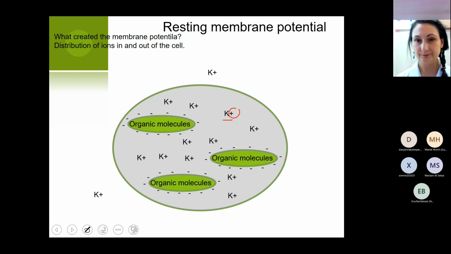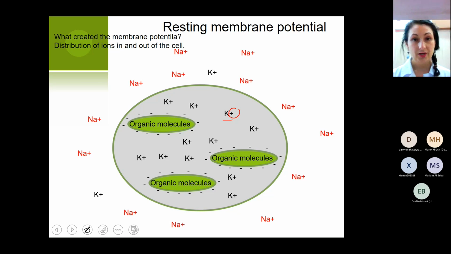What else is there? There is sodium. In contrast to potassium, it's also a cation with charge +1. However, sodium is placed outside the cell. Inside the cell we can also find a few sodium cations.